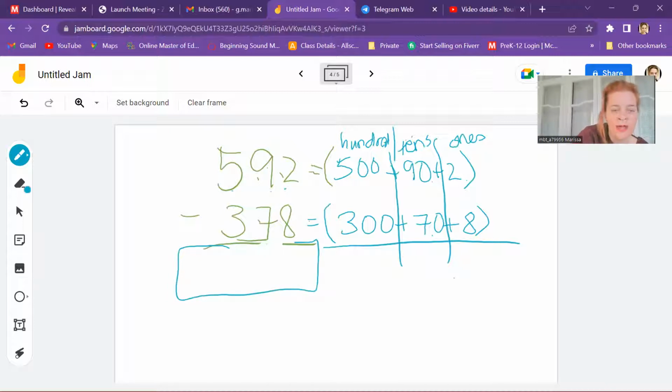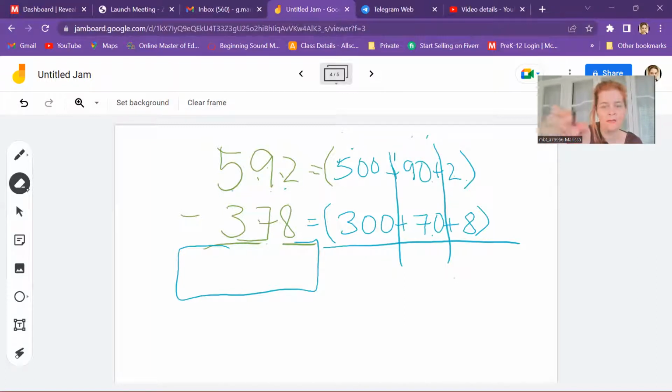All right, so if I have 500 plus 90 plus 2, which is 592, take away 300 plus 70 plus 8. Can I take 8 from 2? Is it possible? No, I cannot take 8 from 2. I'm going to erase this ones here so I can use this top. Just remember that's what that means, okay?